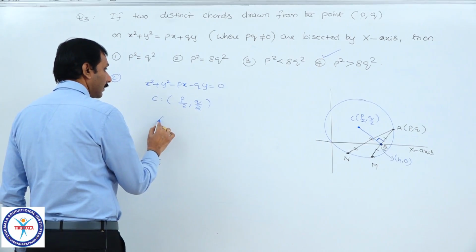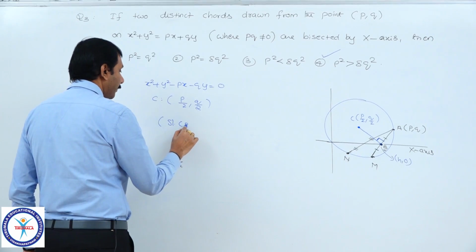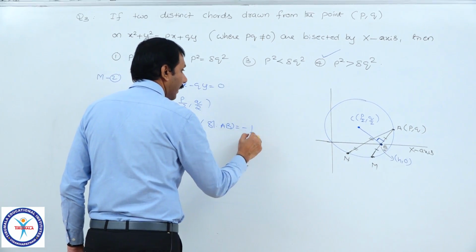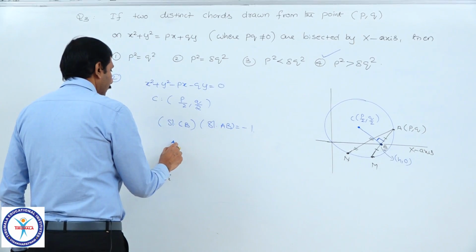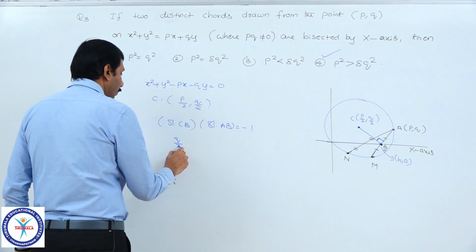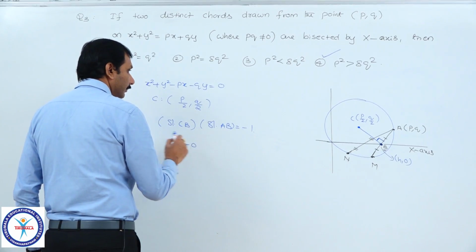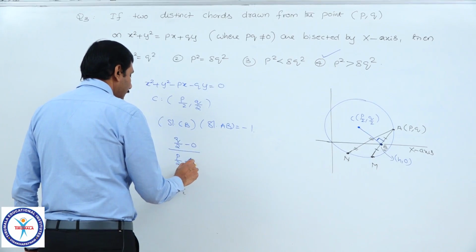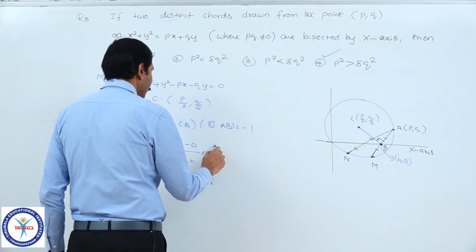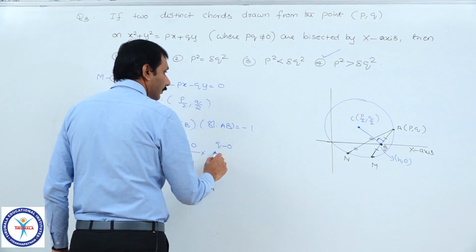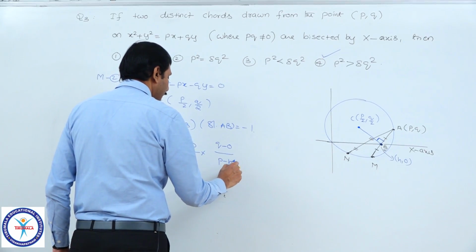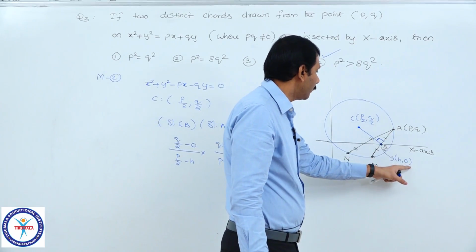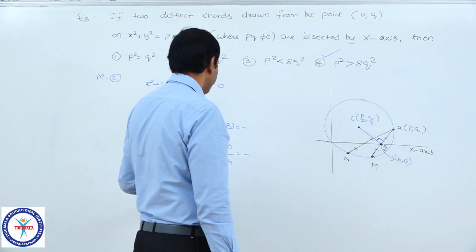That is, I will write slope of CB into slope of AB is equal to minus 1. Slope of this is q by 2 minus 0 by p by 2 minus h.